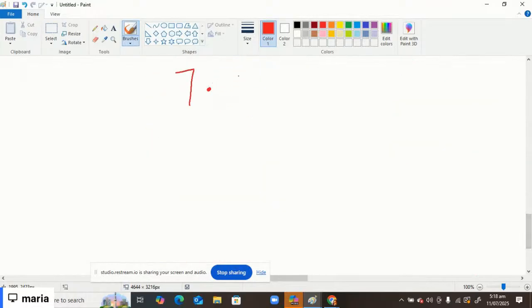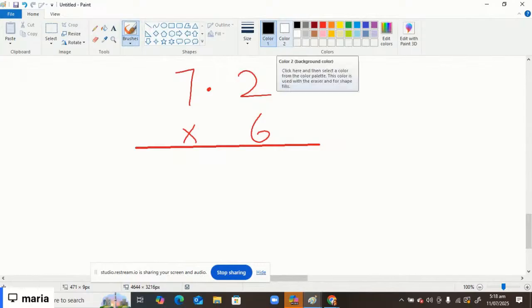For example, 7.2 times 6. Now as we can see, first of all 6 times 2, and then we multiply 6 with the 7.